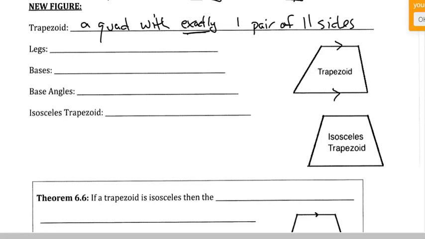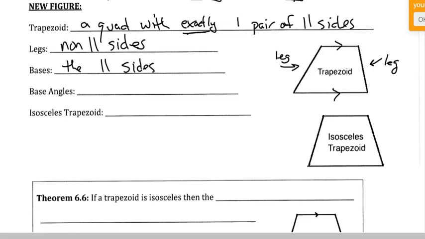Now the legs are going to be the non-parallel sides. So that's a leg, that's a leg. The bases are the parallel sides. So you can think of that as like base 1, and this one down here is base 2, or the other way around, it doesn't really matter.